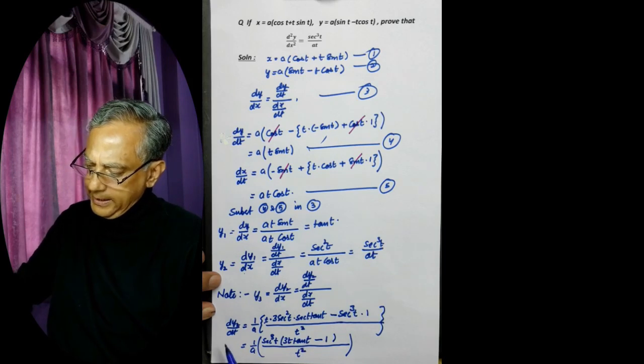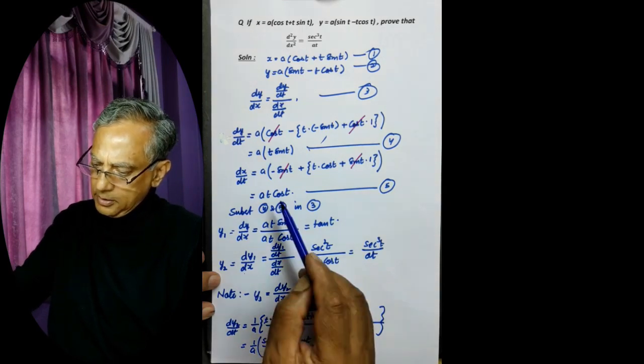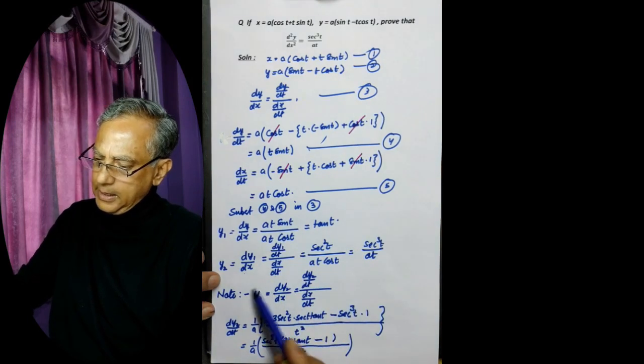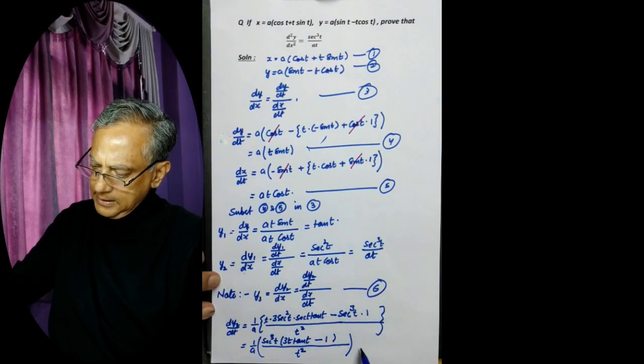So dy2 by dt is this much. dy2 by dt we have obtained, and dx by dt is known from here. Substitute in this and we will get the result. Say this as 6, this as 7.